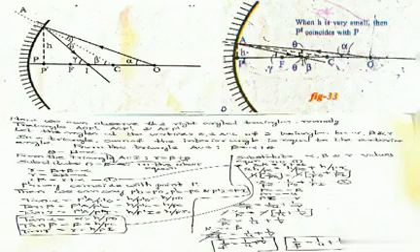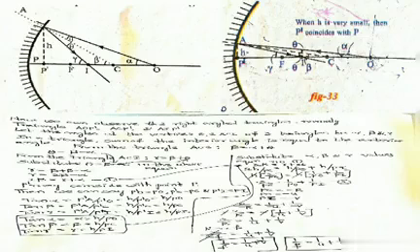So let the angles at the vertices O, C and I of the three triangles be alpha, beta and gamma respectively, as shown in the figure.